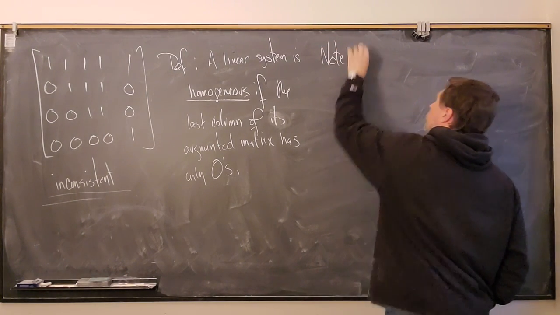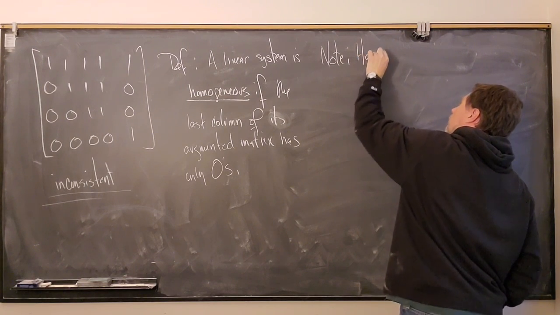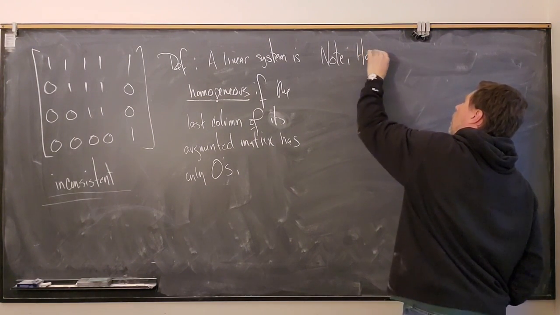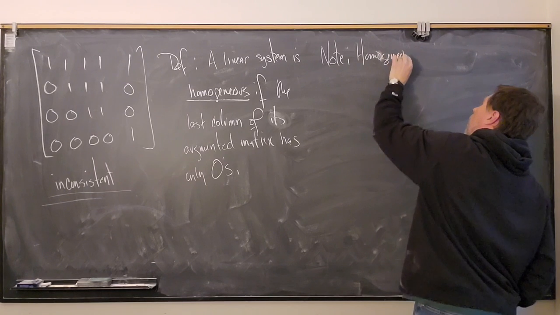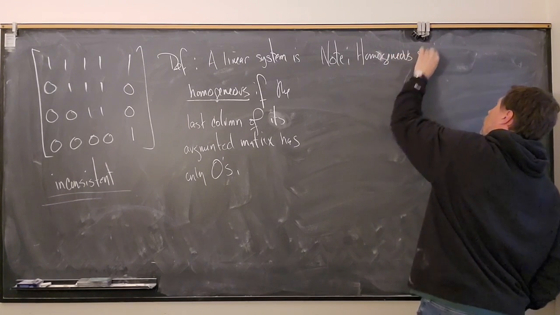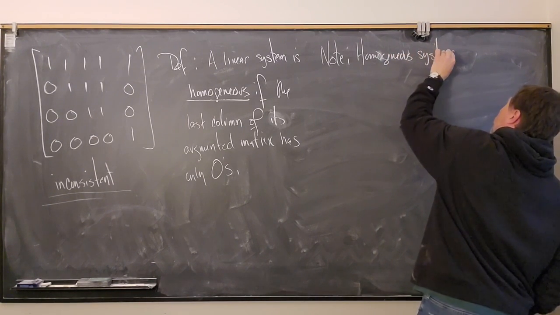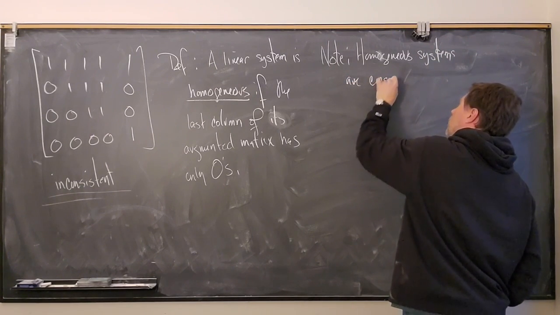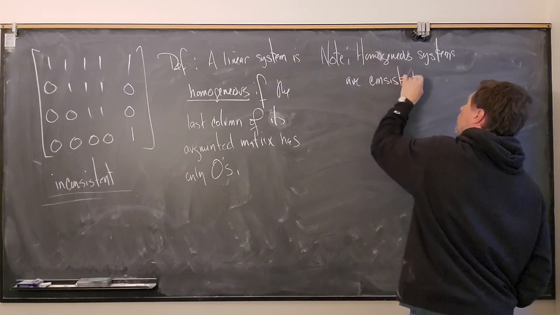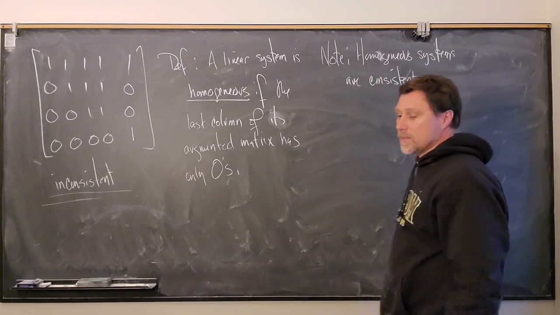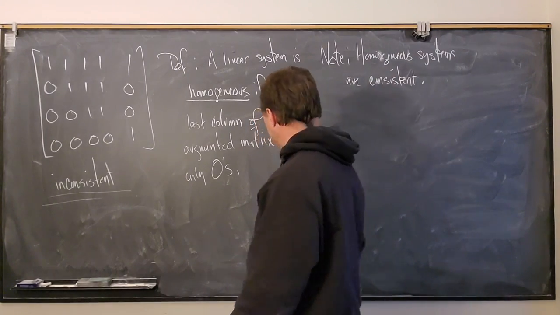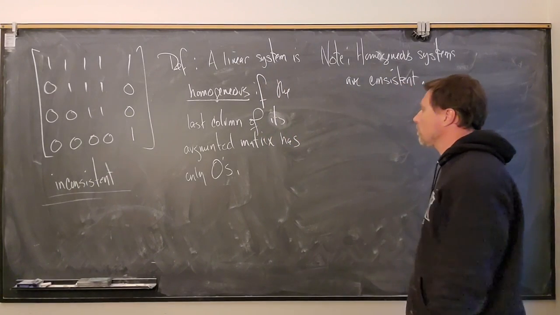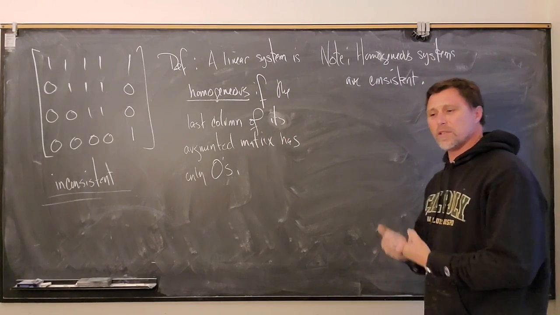Now, one thing to be aware of, so let's say note, homogeneous systems are consistent. Why is that? Well, think about it this way. Or let's just identify what the solution would be.